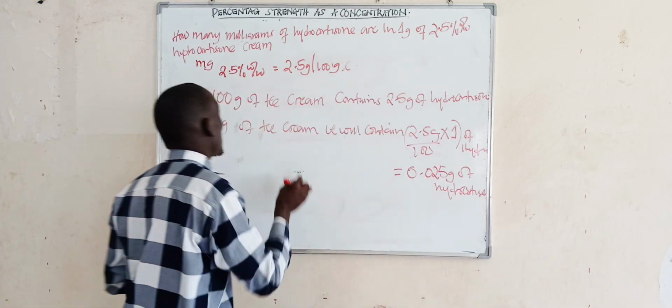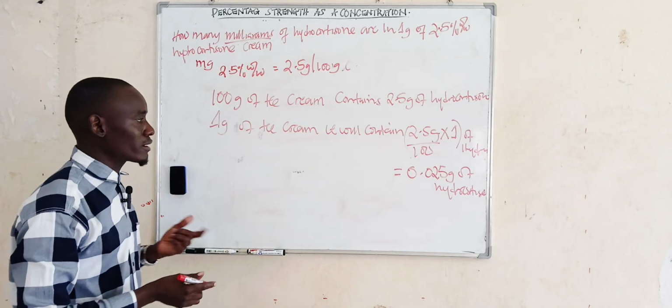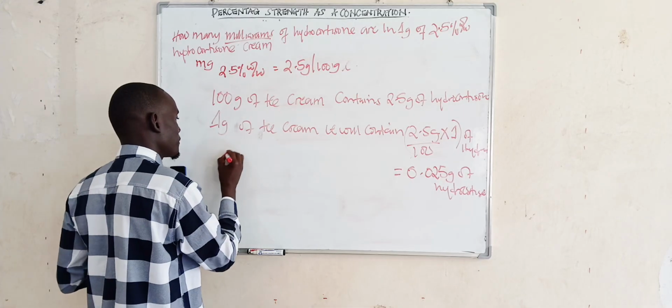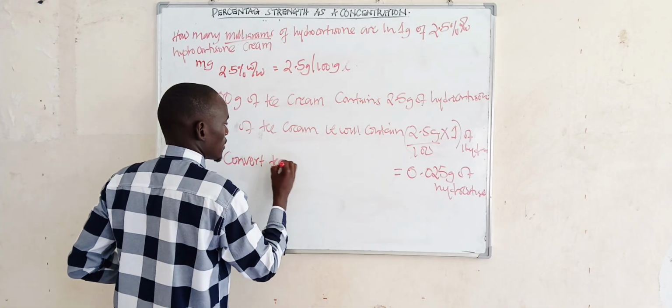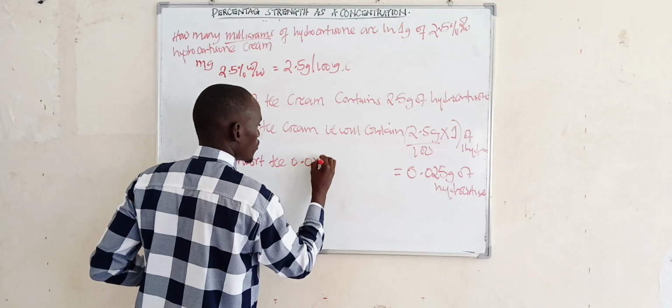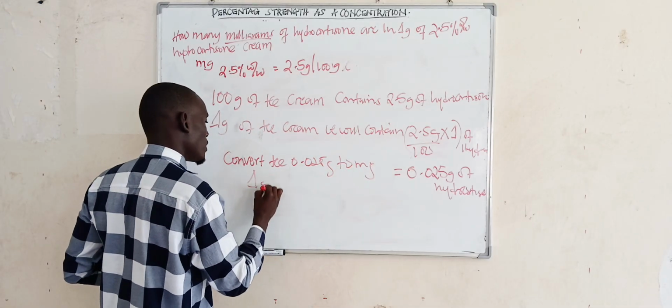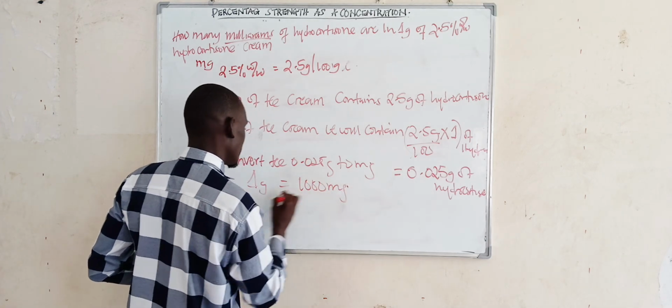But remember, in our question, they want our answer in units of milligrams. So we shall convert the 0.025 grams to milligrams, where we know that 1 gram is equivalent to 1,000 milligrams.